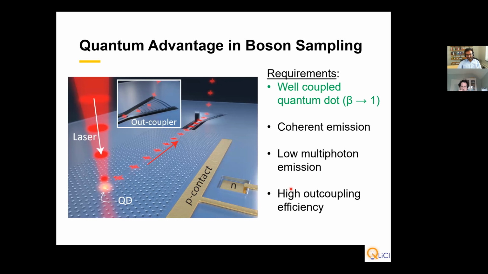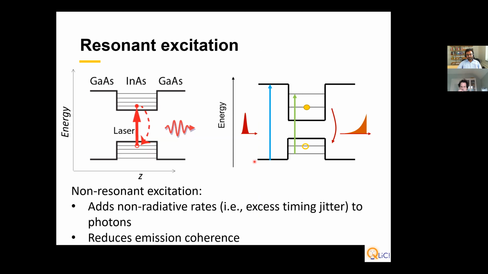And then generating a single photon is again a bit of a non-trivial task, because you have so many different configurations of excitation possible. One simple thing to create carriers is to excite in the above-band regime, but this causes a bit of trouble in that there are additional non-radiative decay channels, which add to the jitter in its emission.